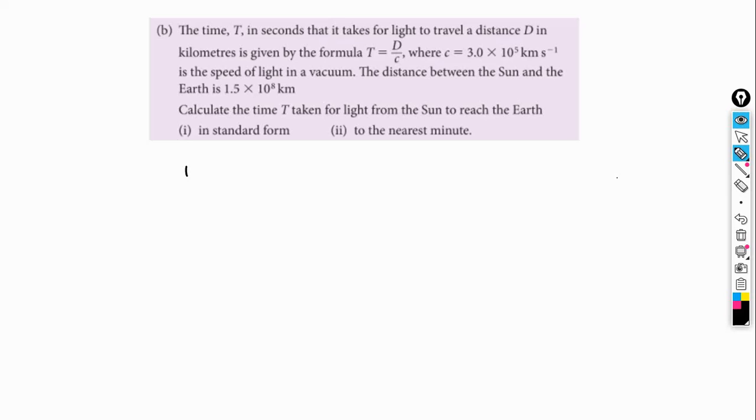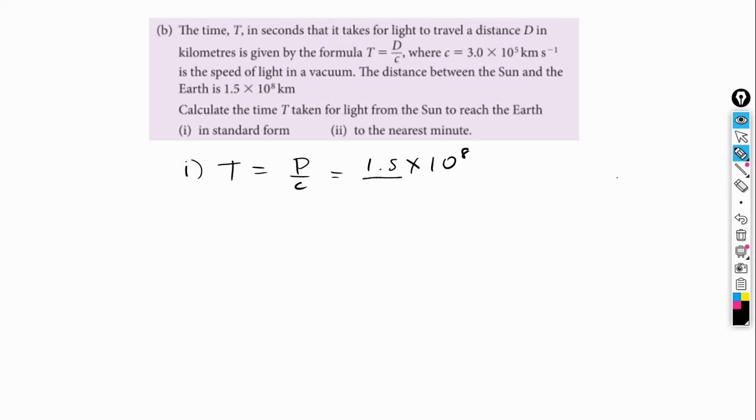So for 1, we would apply the formula that time in seconds is equal to distance in kilometers over the speed of light in kilometers per second. So then the distance from the sun to the earth is 1.5 times 10 to the 8.